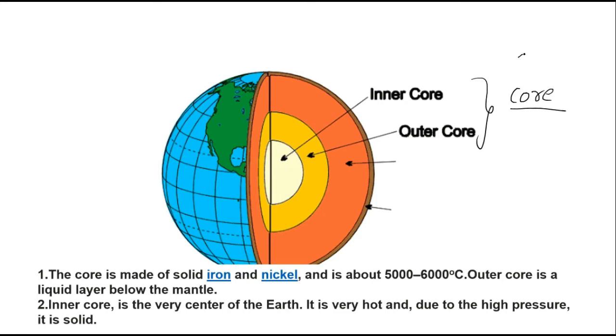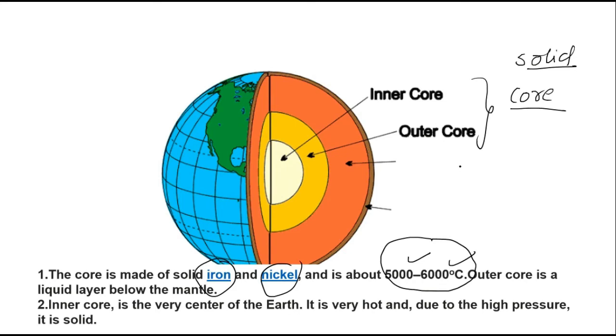It is solid, and it has a very high temperature, around 5000 to 6000 degrees Celsius or centigrade, right? You may ask why, in spite of 5000 to 6000 degrees centigrade, the minerals such as iron and nickel are not in a liquid state.